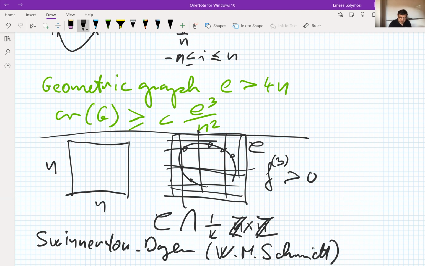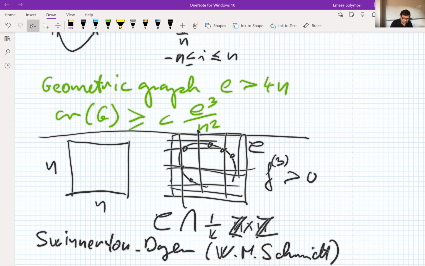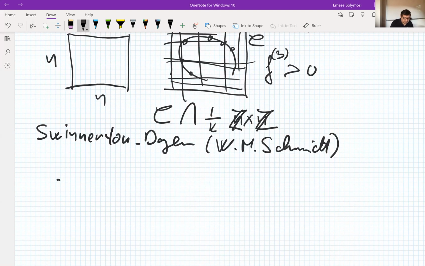Those are important questions in number theory, but what they proved is that this intersection is not more than, well, not n to the 4/3 that we had, but n to the beta, where this beta is smaller or equal than 3/5.